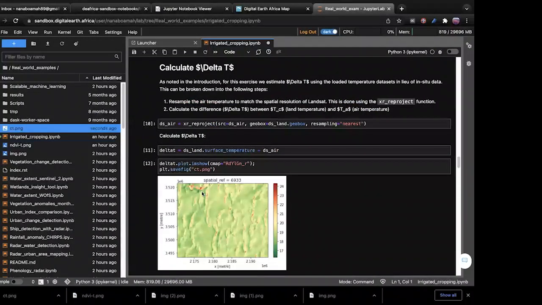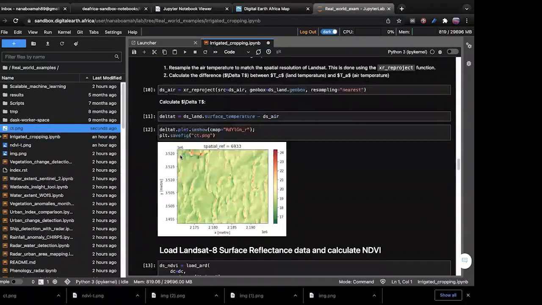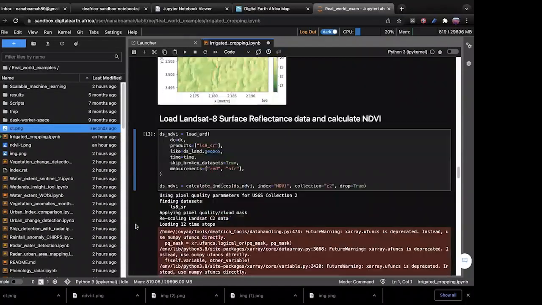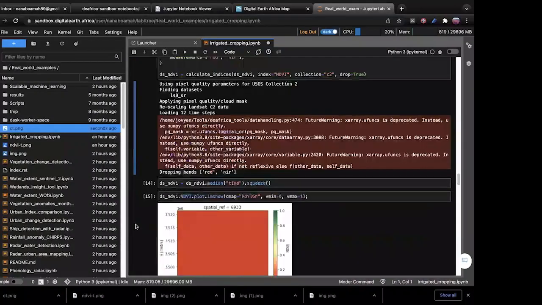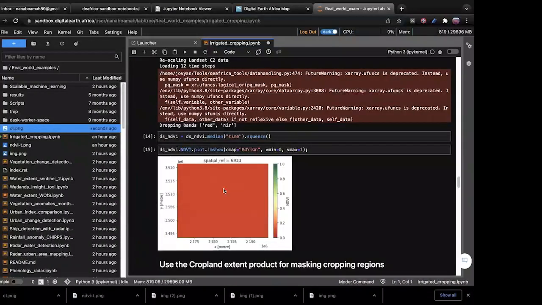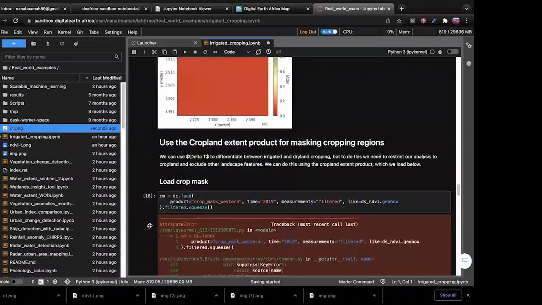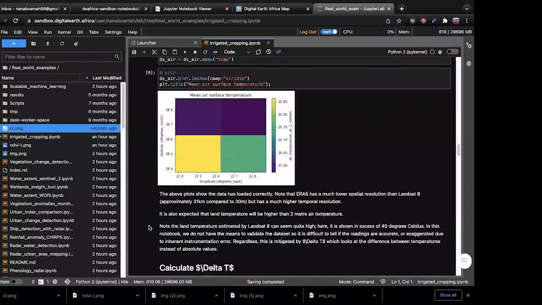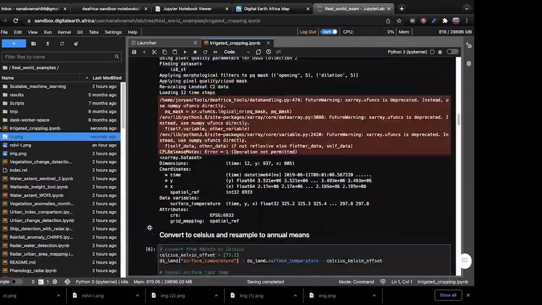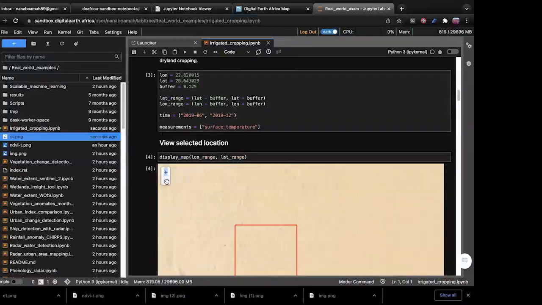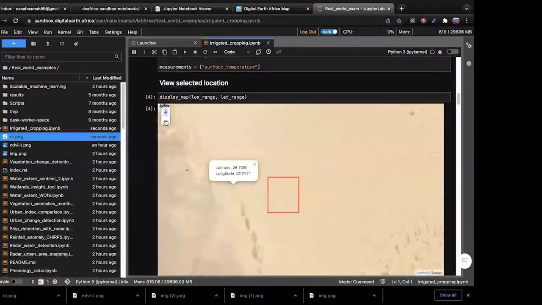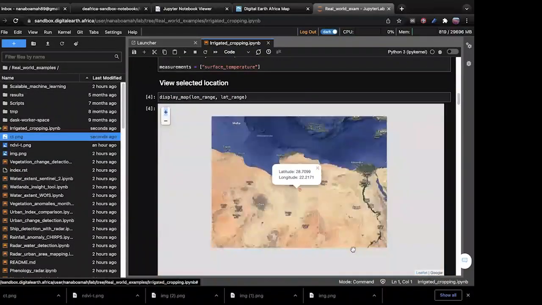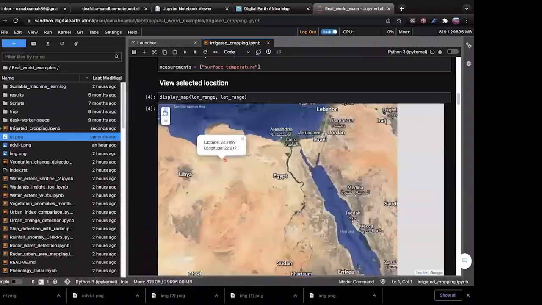You can see we're having low values, but not that low for some areas, and it's being run. I think the coordinates might not have been right. Yeah, I think we are in the desert. This is Egypt.